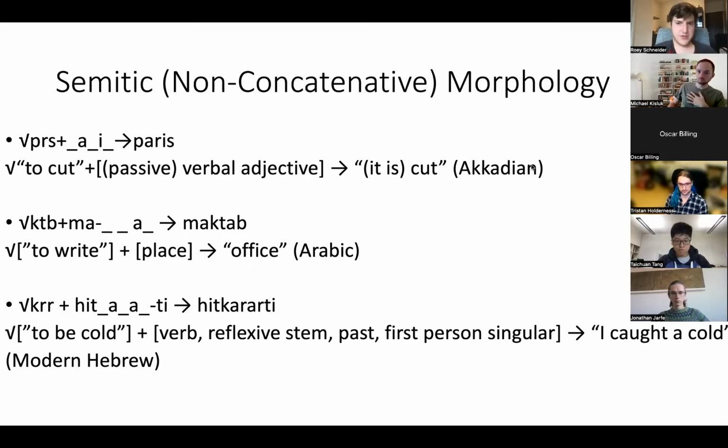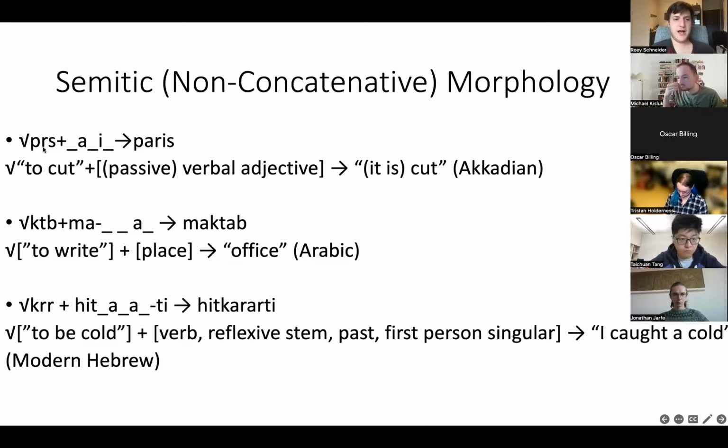So in Semitic languages, the way we do this, as I've already said, is through non-concatenative morphology, which means interwoven morphology. That's how we call it in Hebrew, and I think that's a nice name. If we take the root, the abstract root, I hope everyone remembers that the root is an abstract concept.